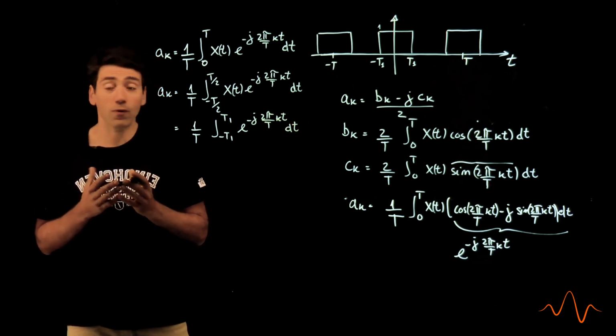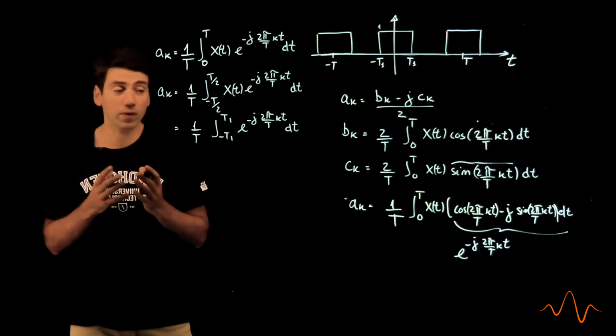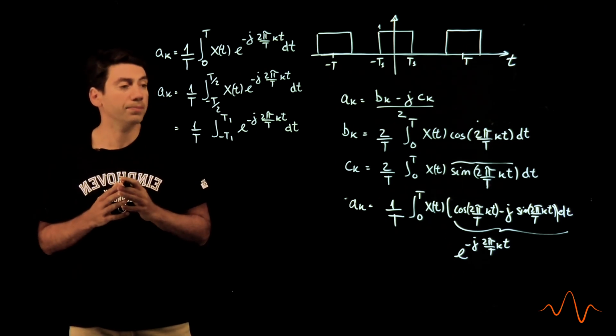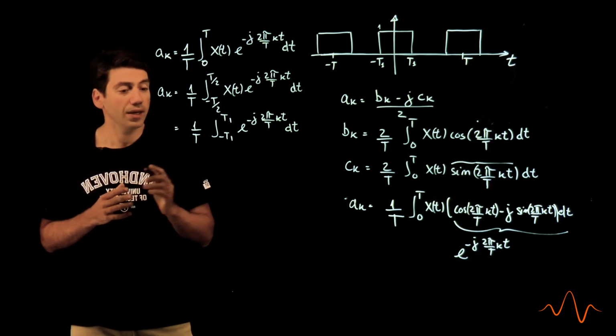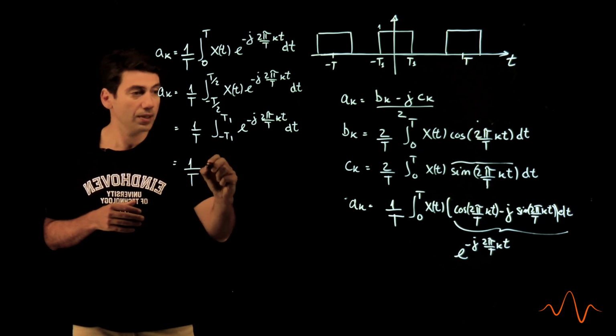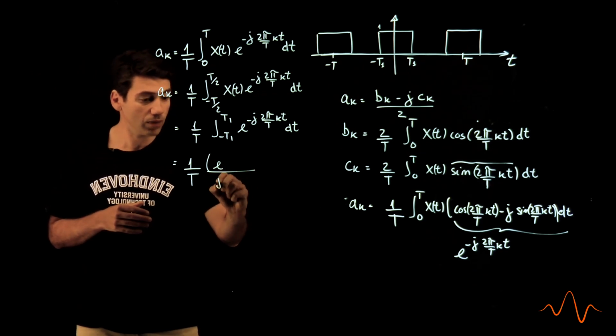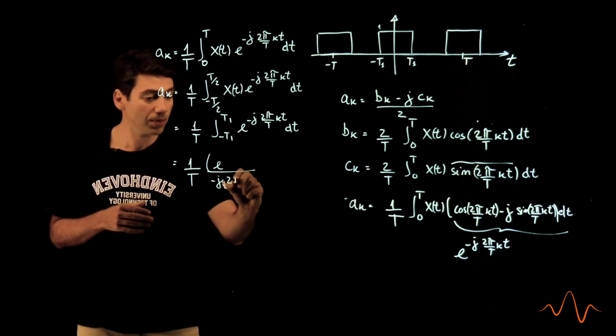Now the primitive of e to the power of alpha t is 1 over alpha e to the power of alpha t, also if alpha is complex. And so we end up with 1 over capital T e to the power of, so we have to divide by minus j 2 pi over capital T k.